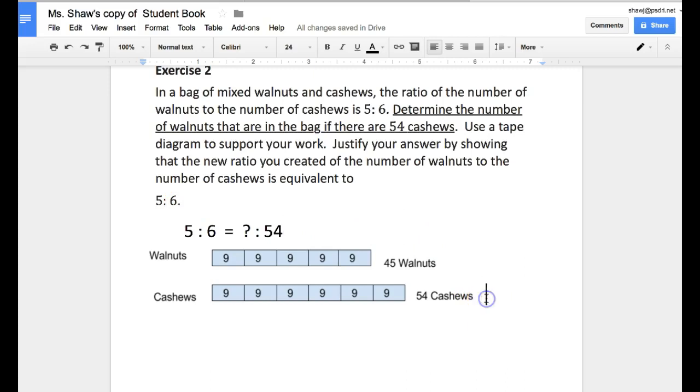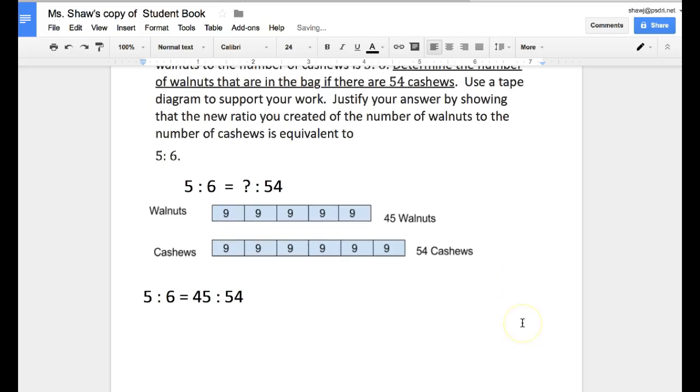Okay, so let's come down one more and say 5 to 6 is equivalent to 45 to 54. And let's use our new way of figuring it out.